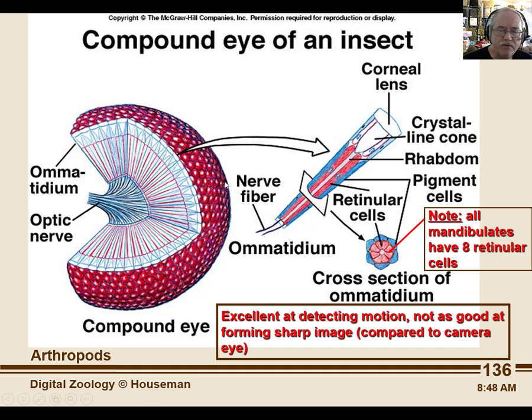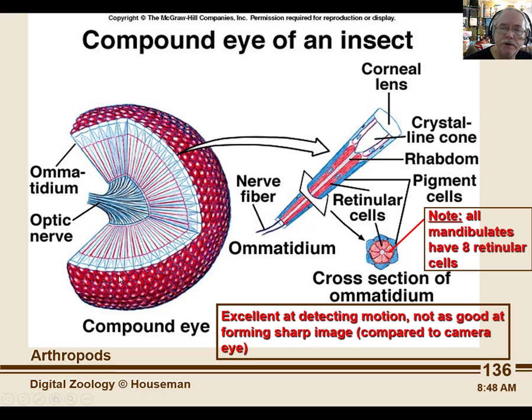Okay? This type of compound eye is excellent at detecting motion, not as good at forming a 3D image compared to our camera eye. So an insect, for example, buzzing about you when you're trying to swat it, is very good at detecting the motion of that fly swatter and avoiding being killed, usually.